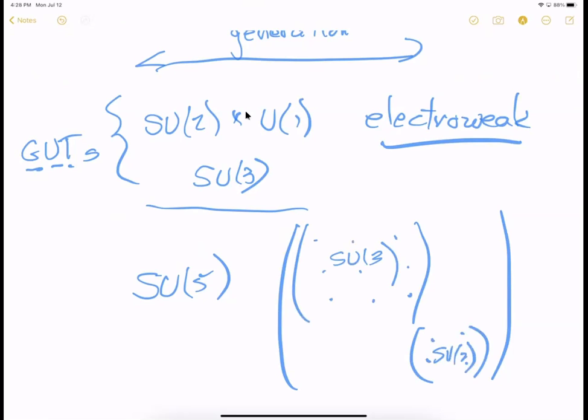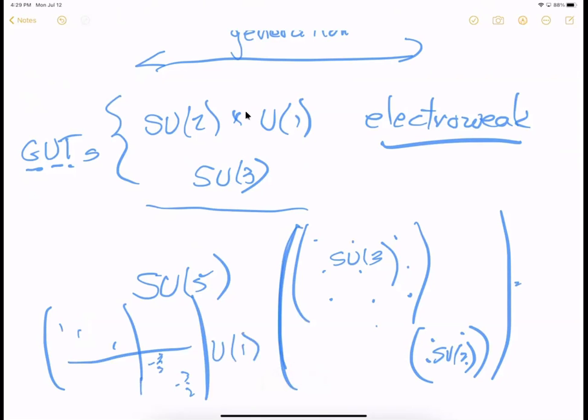And then if you have something that looks like the identity in the 3x3 part, let's make that a 1 up here, and then you've got to make it traceless. So you're going to need -3/2 down here, just a multiple of the identity down there. That commutes with the SU3 and the SU2. So that gives you a U1, and you've packed all three of the standard model symmetries into an SU5 matrix.